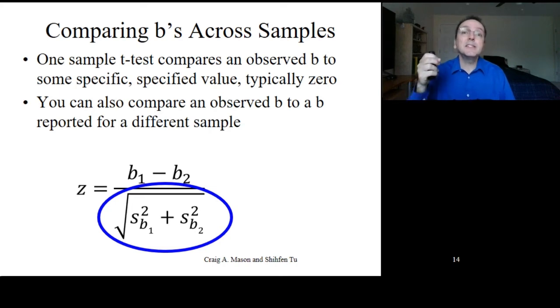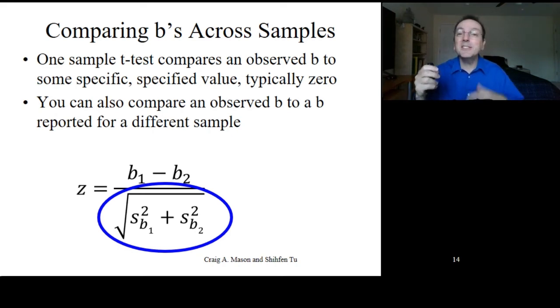This gives us the standard error for the difference in our regression coefficients. Now, if you pause for a moment and think back to intro stats, you may notice that this is very similar to the standard error of the difference between means in the two independent sample t-test.